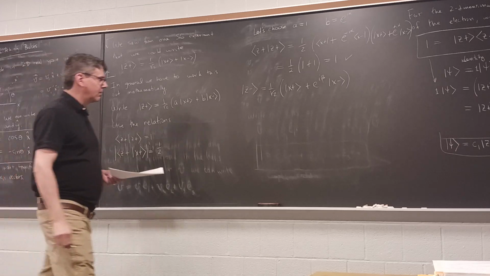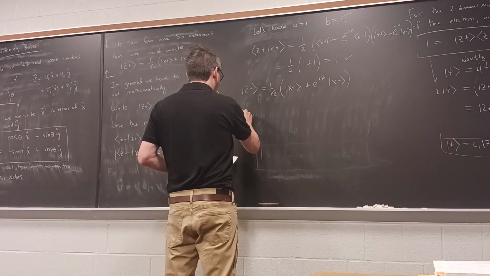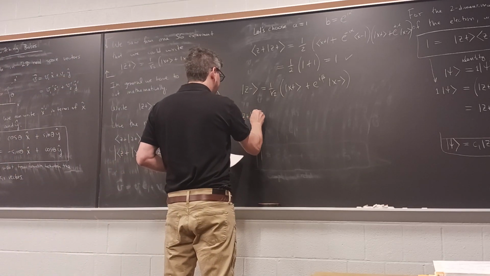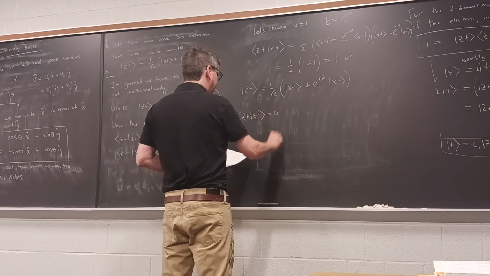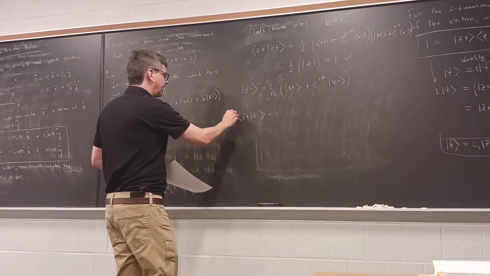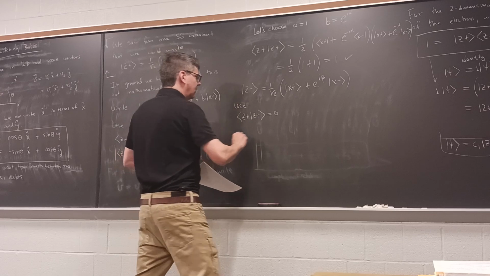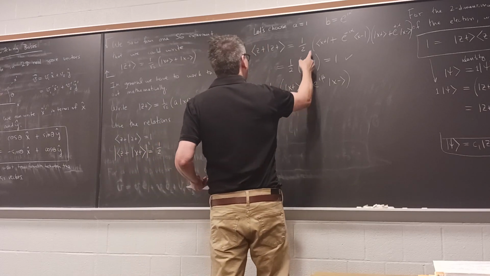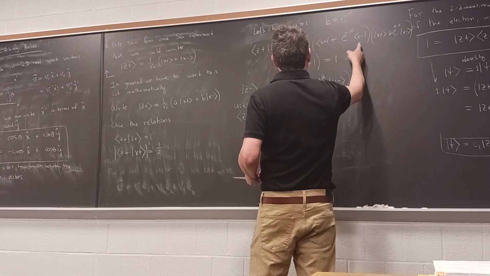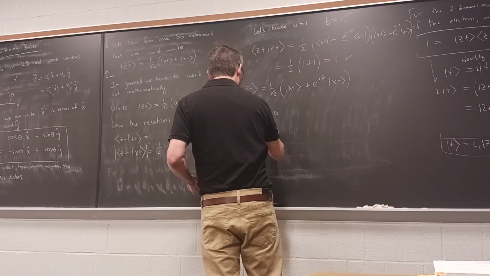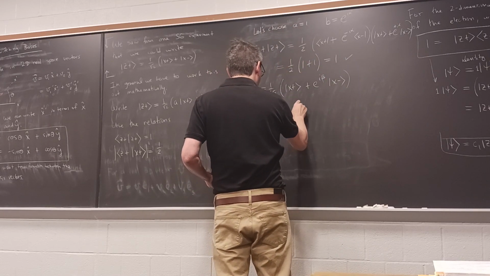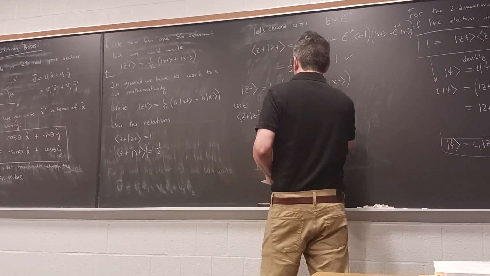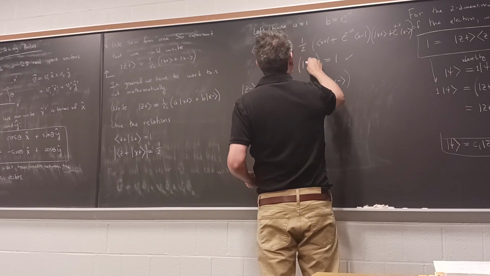And now we can use the fact that z plus with z minus should be 0 to write the following. So z plus, we already turned around z plus into a bra, so that's this. So we'll have, this has to be 1/2, again, from these two things.